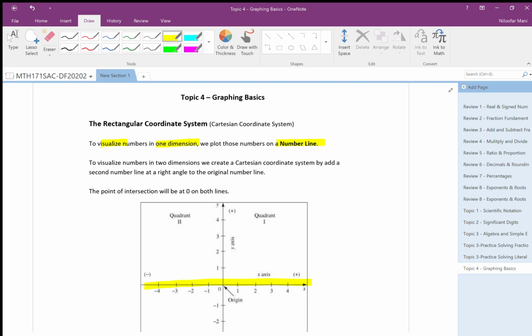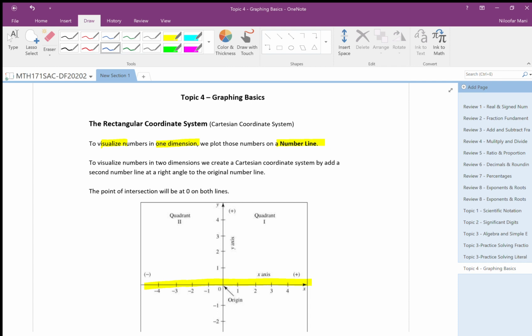When we go to the left, negative. And I told you, if you use, for example, 2 centimeters to show one unit, you have to continue to do the same thing, and we call that scaling.